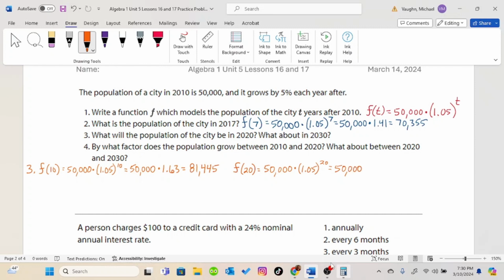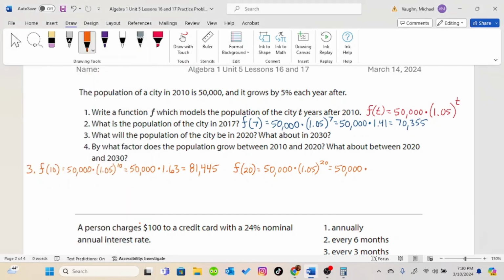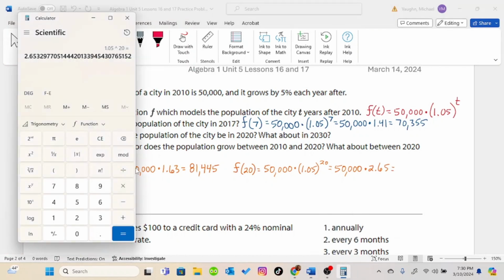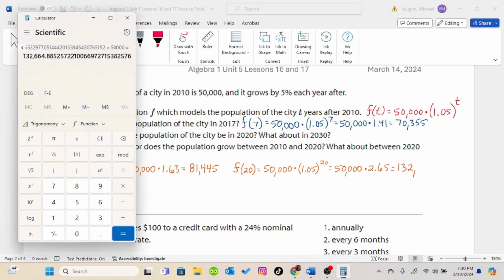Do the exponent first. 1.05 to the power of 20 equals 2.65. And multiply that by the original 50,000. And we get 132,665.